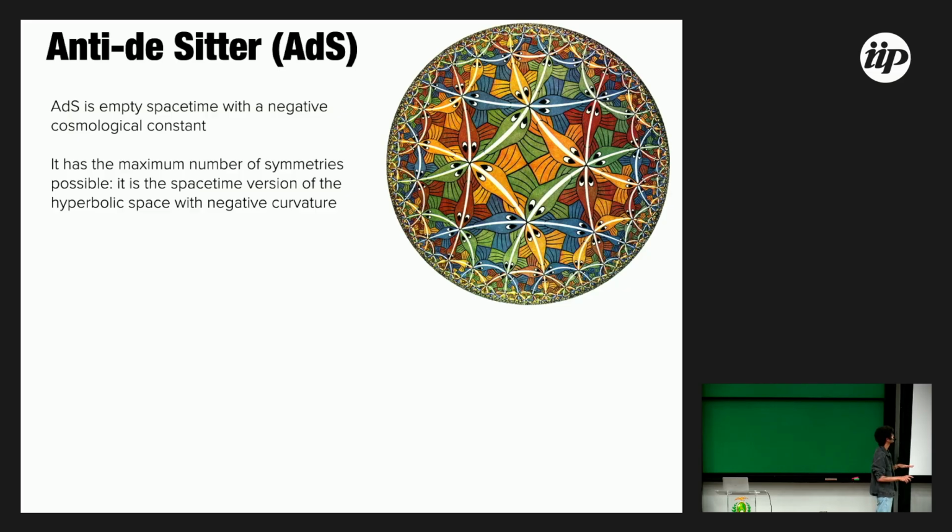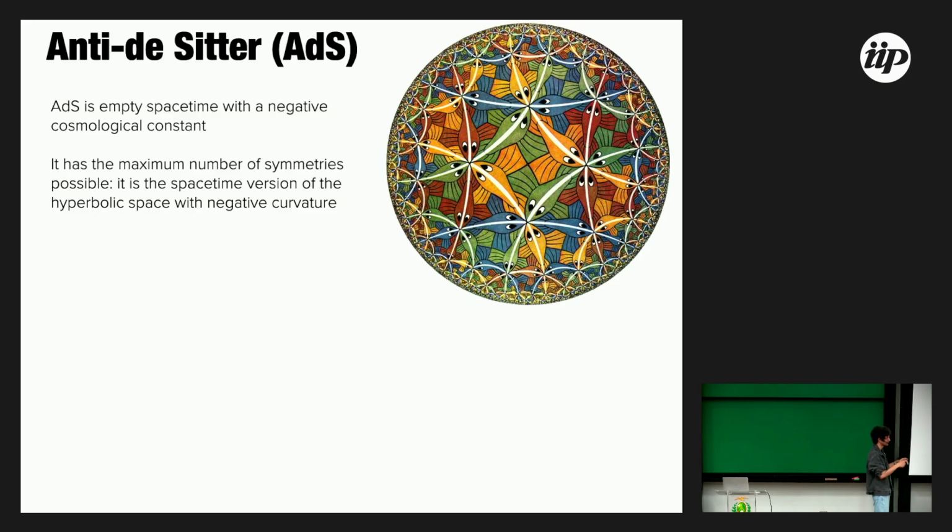It only has a negative cosmological constant, and so it has a lot of symmetries. Actually, it has the maximum possible number of symmetries in a given dimension. And it kind of looks like, the sphere is a space with a maximum number of symmetries, but it has positive curvature.